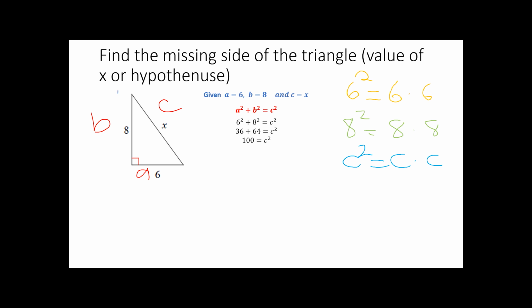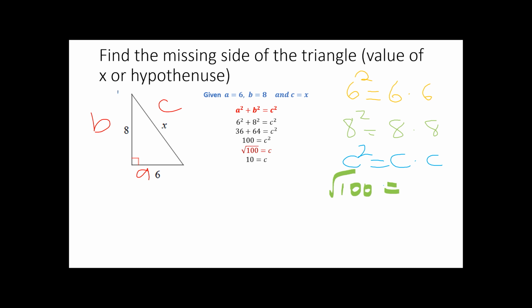100 equals c squared. Now we need to do the inverse operation for square. So the inverse of square is square root. So we're going to take the square root of both sides. So the square root of 100 is 10. What does it mean?